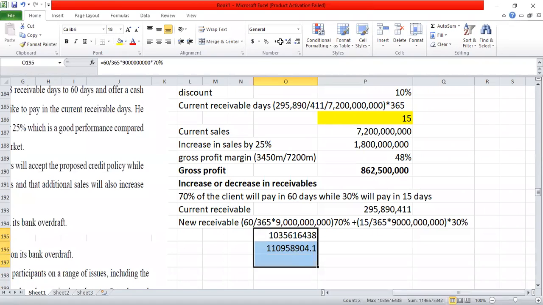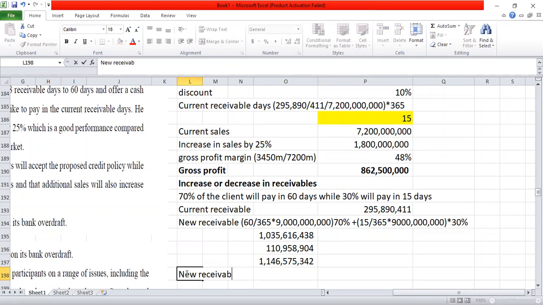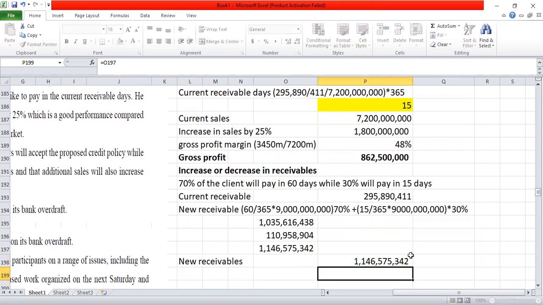So the total here is it true? So our new receivable will be this total here. I hope my calculator is okay.